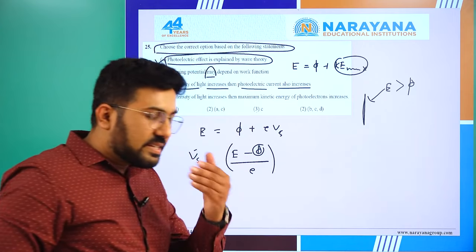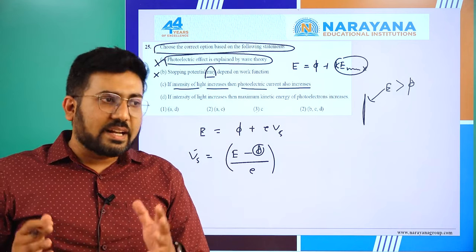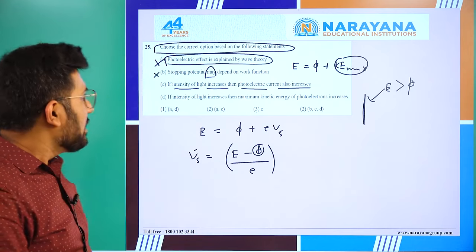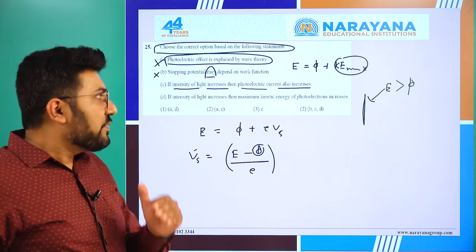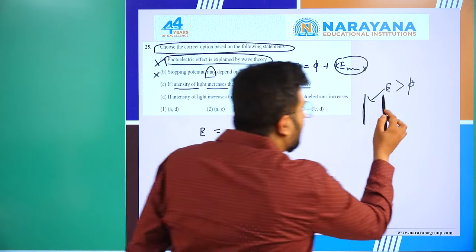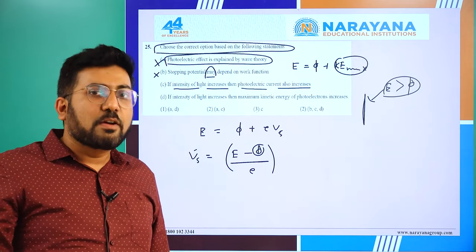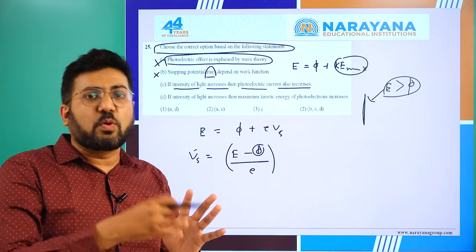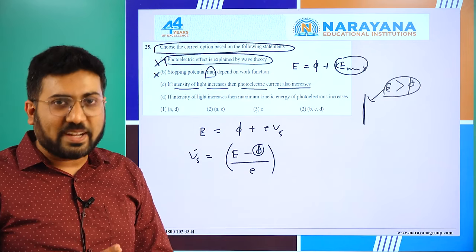If the incident energy is not more than the work function, in that case current will not flow at all, whatever may be the intensity. So, if photoelectric effect is occurring, that means if E is greater than phi, then intensity of light increase means more number of photons striking. More number of photons striking means more electrons are coming out.